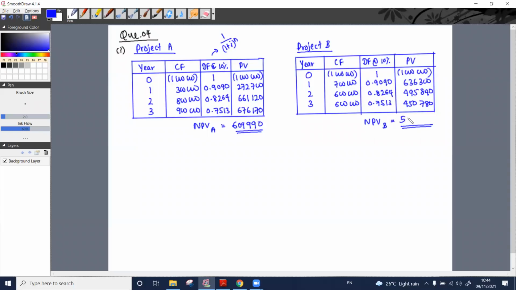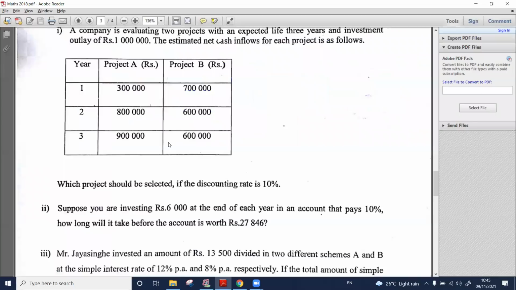$582,920 is the net present value of project B. Which project should be selected?